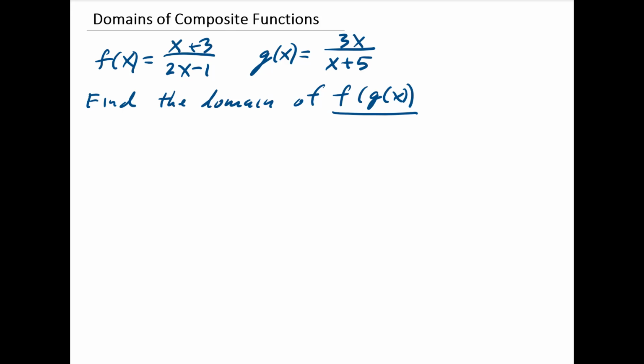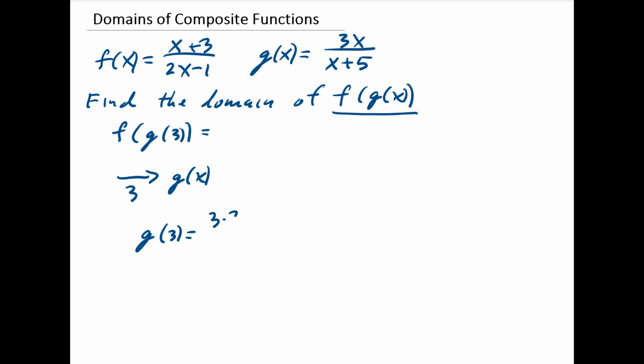The way you compute the value of f(g(x)) when you plug a number in, let's plug in 3. To compute f(g(3)), you first plug a 3 into the function g(x). And what is g(3)?